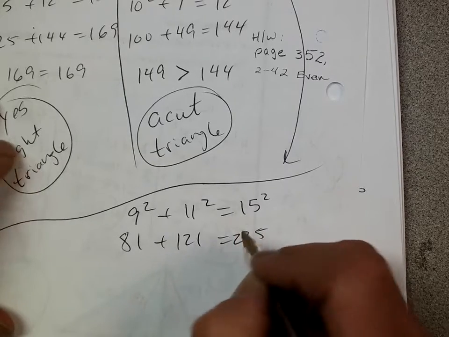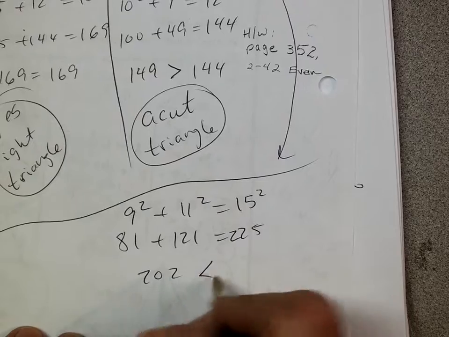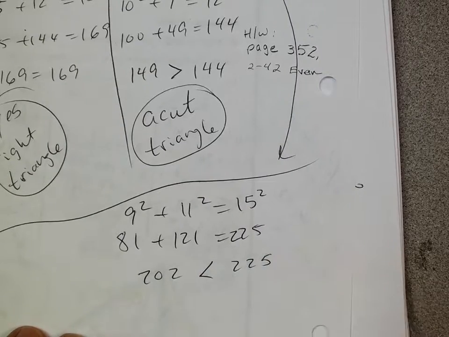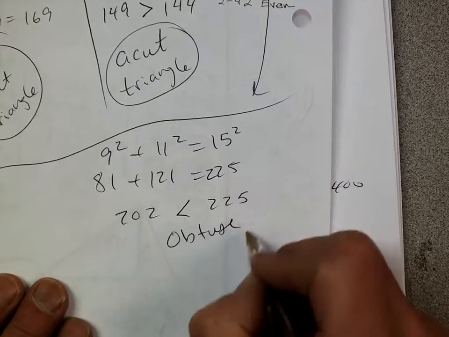Oh, 225. My bad. 81 plus 121, I get 202. 202 is less than 225. So the c squared's bigger than the other two, so this one's got to be an obtuse triangle, okay?